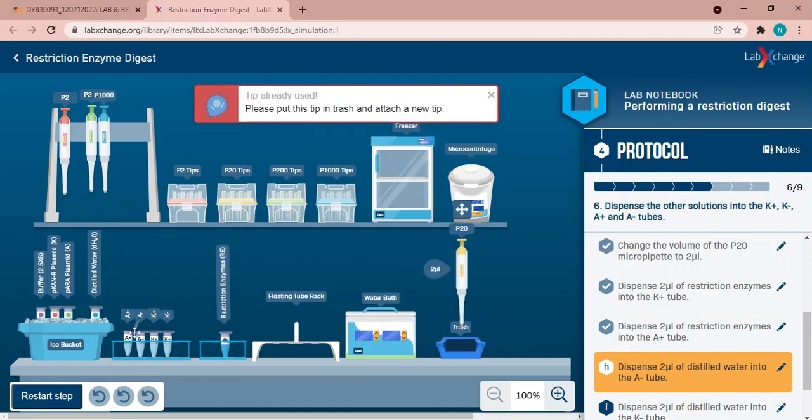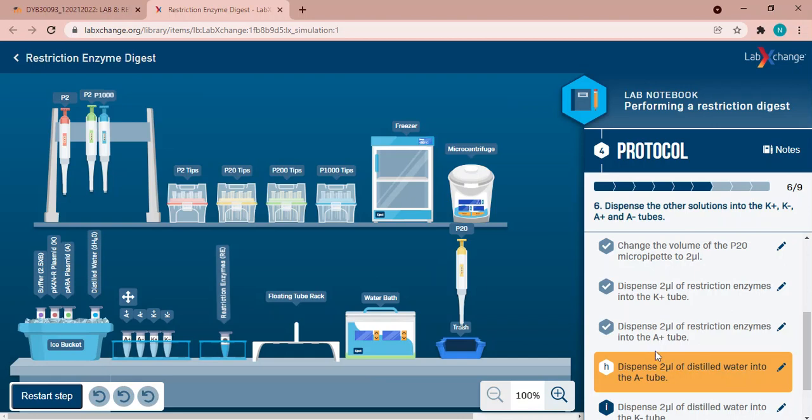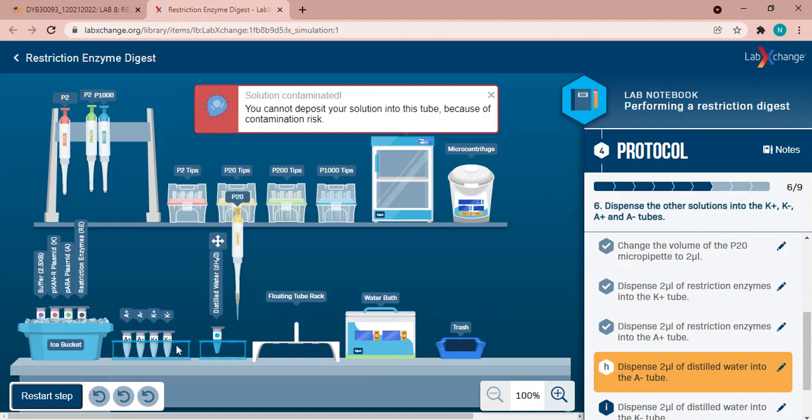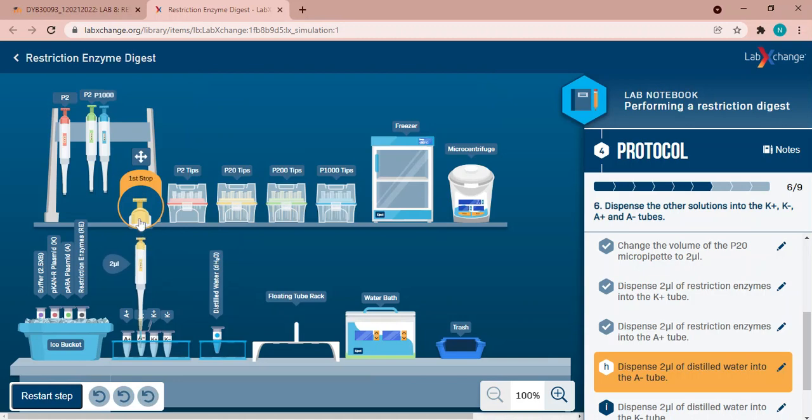Eject the tip to prevent contamination and dispense 2 microliters of distilled water into the A minus tube. Alright.